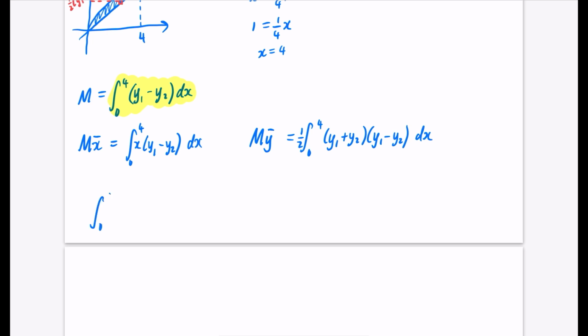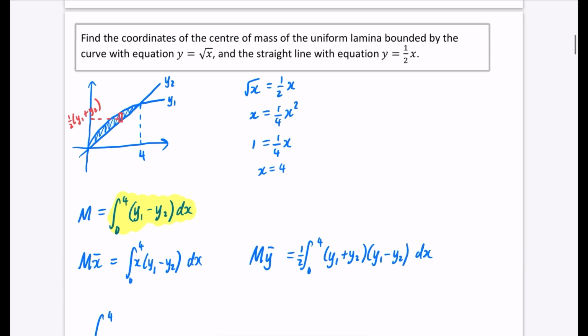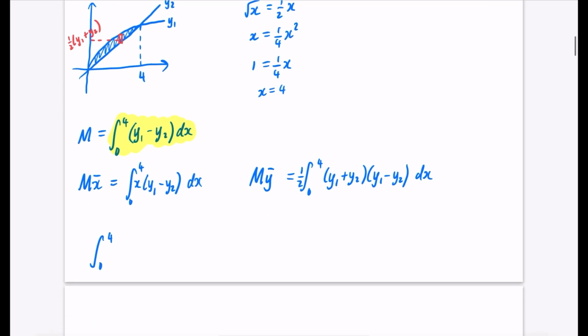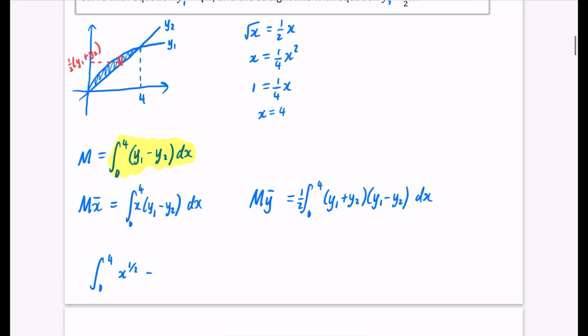So I'm going to integrate between 0 and 4 of y1 minus y2. y1 is this one, and this one is y2. So that's integrating x to the power of a half, the square root of x, minus a half x, with respect to x, between 0 and 4. I increase the power and divide by the new power, so that's 2/3 x to the 3/2, minus 1/4 x squared, between 0 and 4.